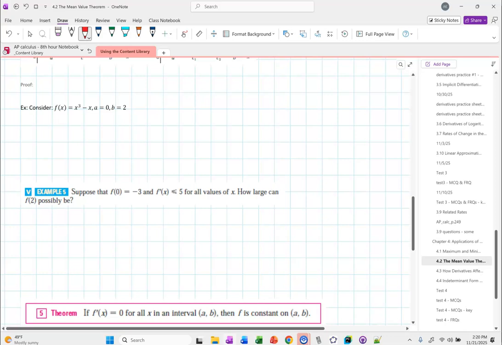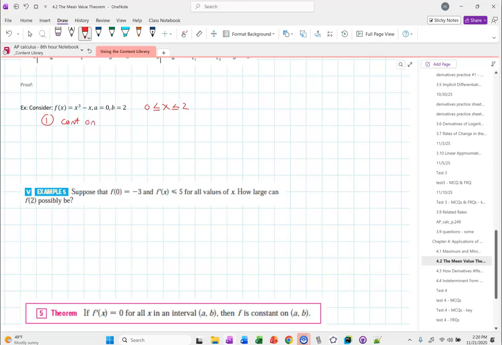All right. It says consider the function x cubed minus x, from 0 to 2. So this just looks like that. So what can we say? Is this differentiable or continuous?